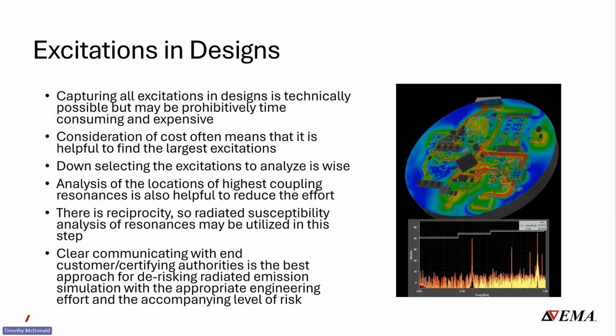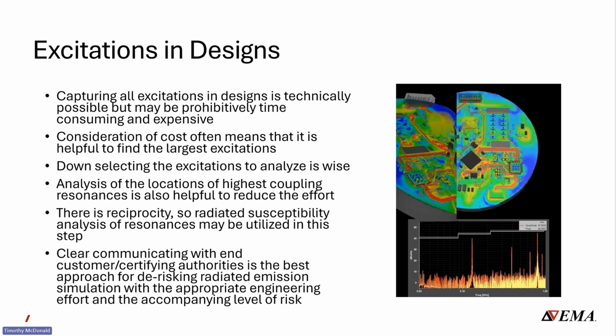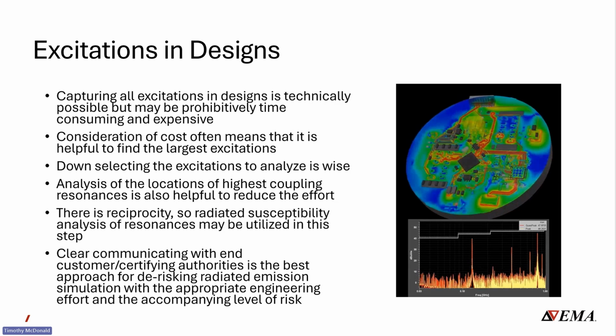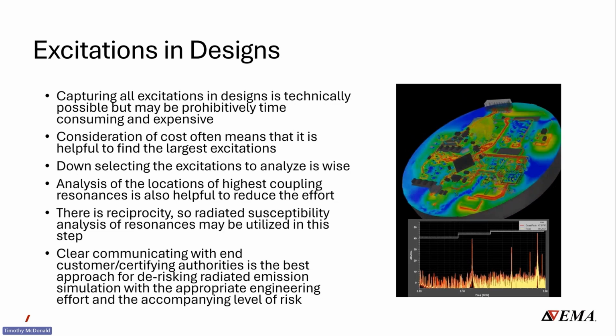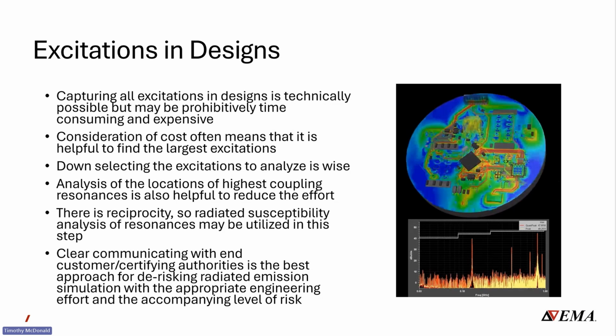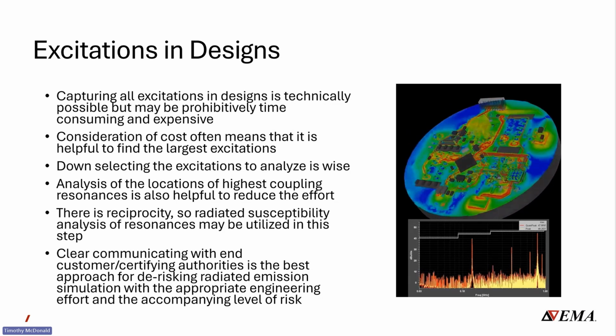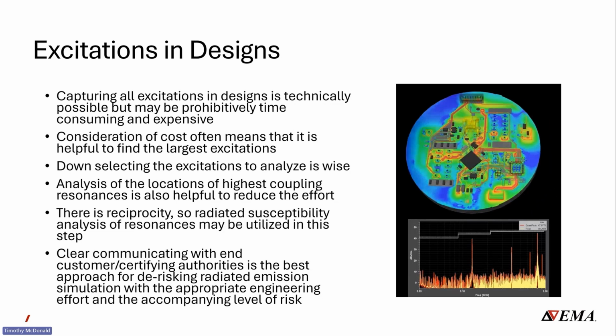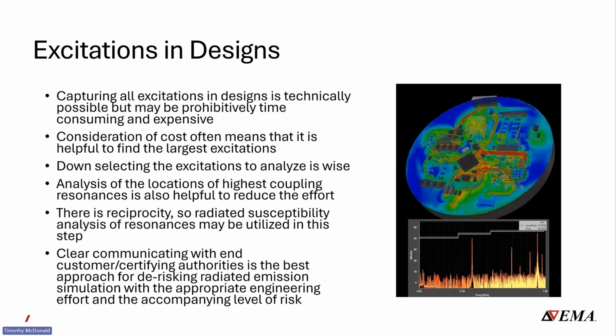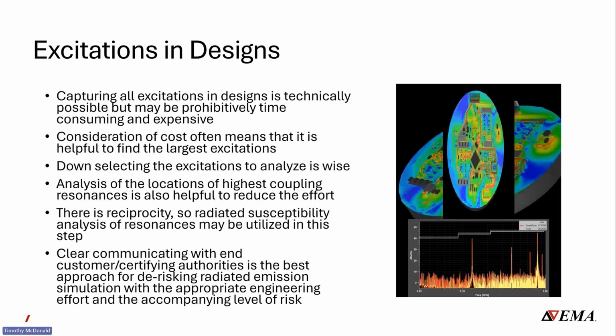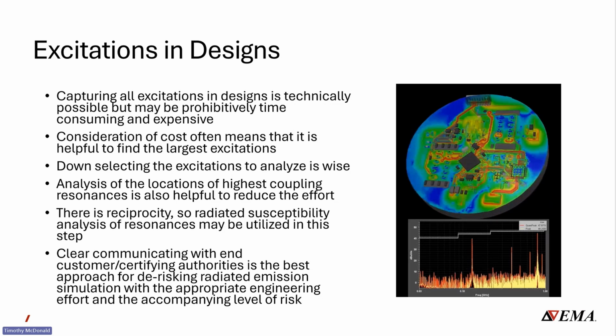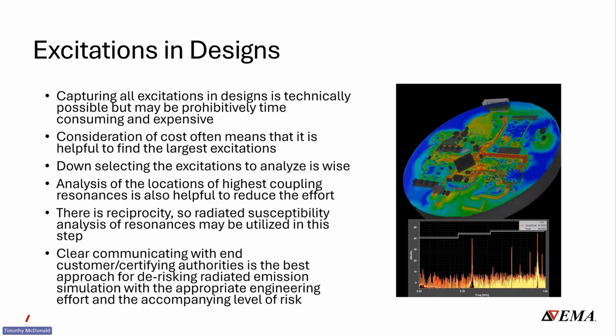And so as we are working with customer designs, understanding the excitations is a very important part of what we want to do. So if we are doing an analysis report in advance of testing to look for risk, we'll want to maybe think about picking just the worst case excitations to include.